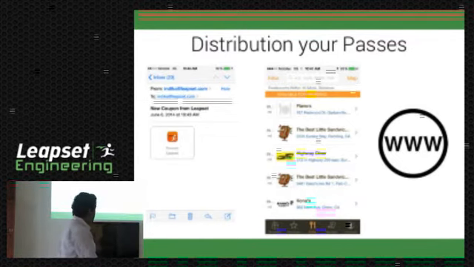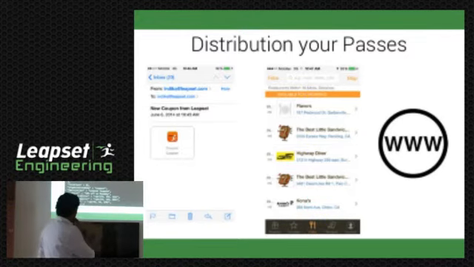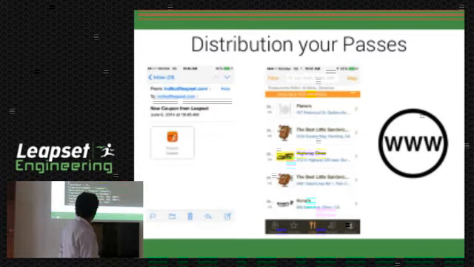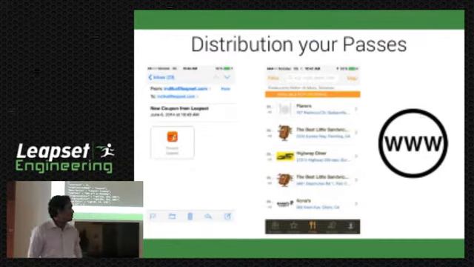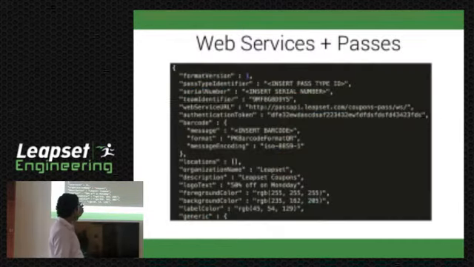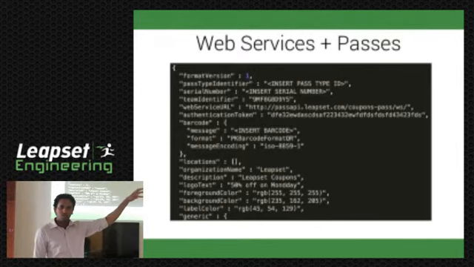So how Apple does this is they introduced two fields here: web service URL and authentication token. The web service URL is where Passbook will talk to our server on behalf of the pass and get the updated information.